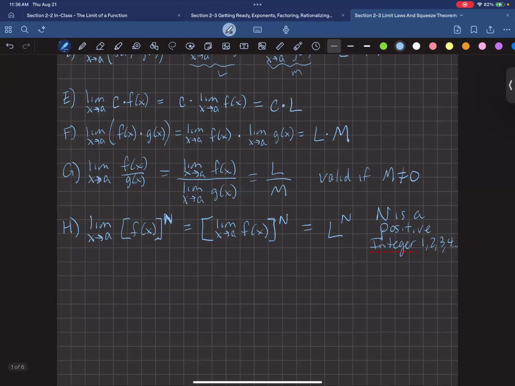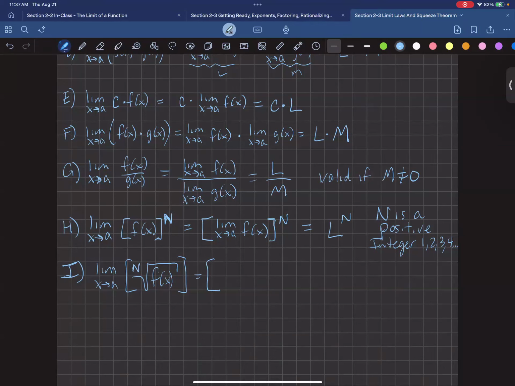One more limit law, and it's related to fractional exponents when we have a root. The limit as x approaches a of the nth root of f of x does the same thing as the exponent rule.